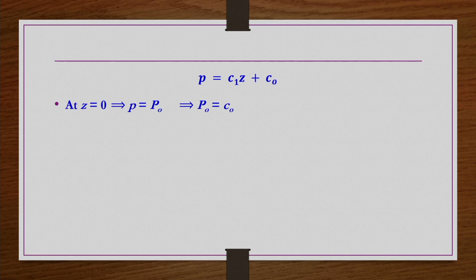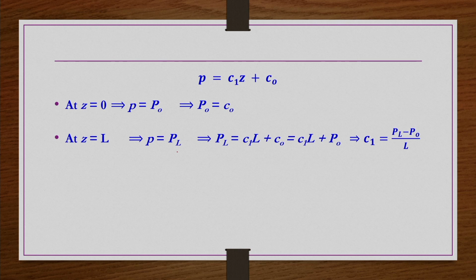So, now for this you apply the boundary condition and get the pressure distribution, whether it is linear or non-linear in the z direction, that is what you get. So, at z is equal to 0, we got p is equal to p naught. So, if you substitute you get c naught is equal to p naught, one constant you got. At z is equal to L, pressure is nothing but PL, that is given schematically in the first slide we had. So, that means PL is equal to C1 L plus C naught.